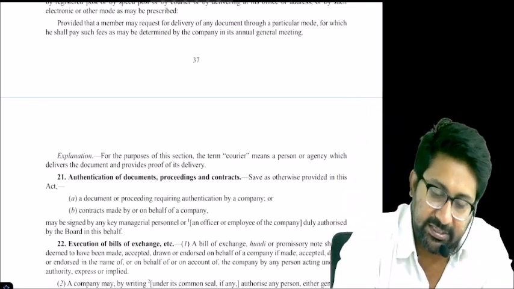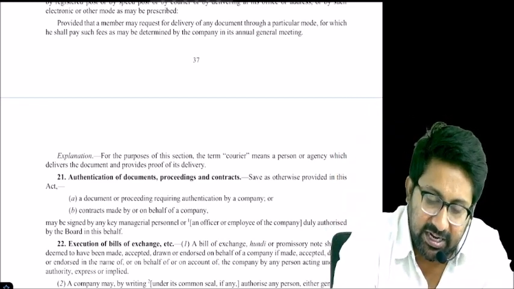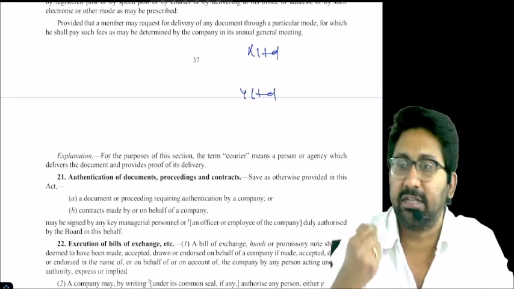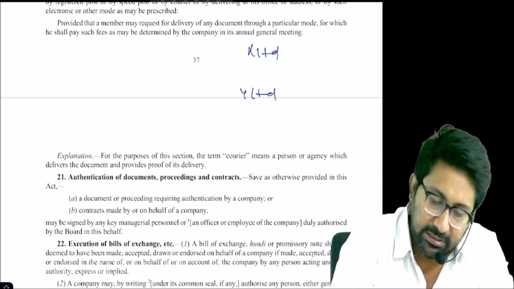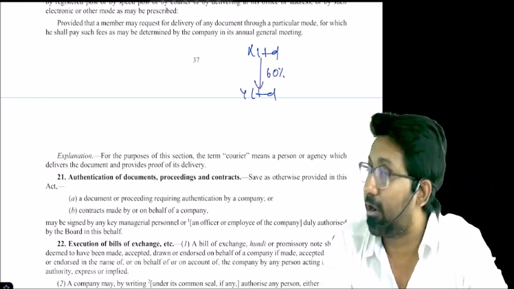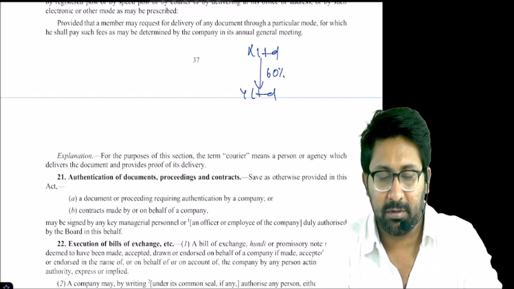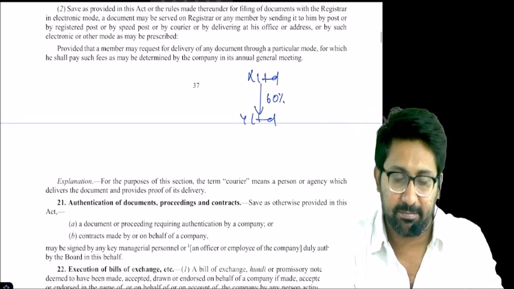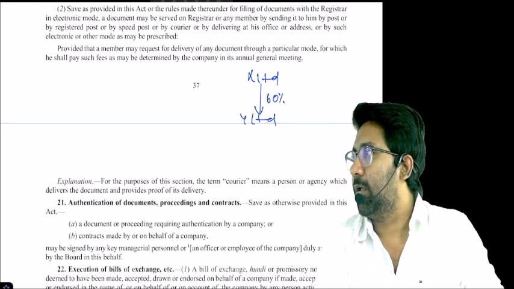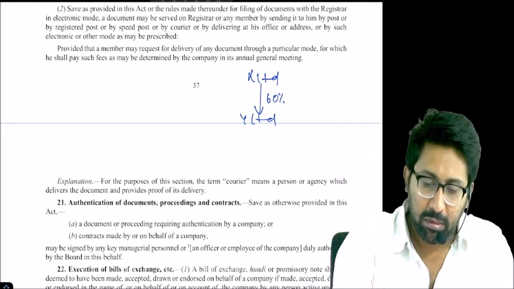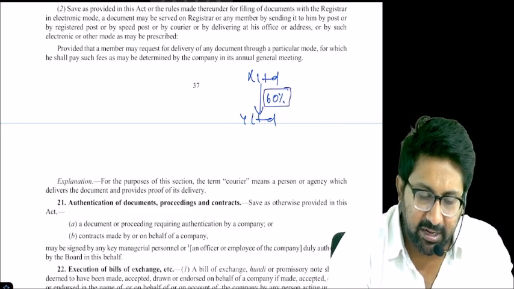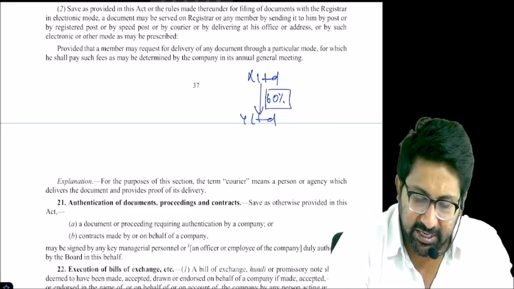Now, third example. There is a company called X Limited and a company called Y Limited. Same example, X Limited acquired 60% capital of Y Limited. Now what happened is, shall we continue? Listen carefully. X Limited, Y Limited, how much is the capital held? 60% is the capital held.